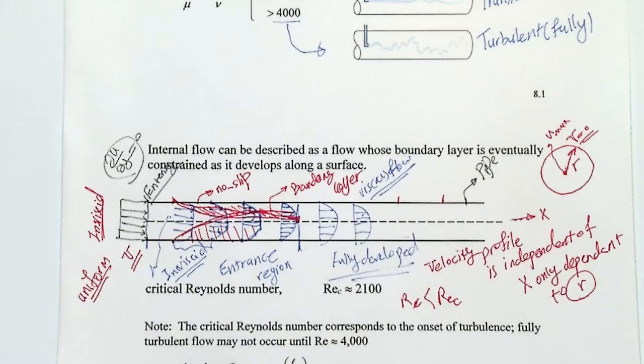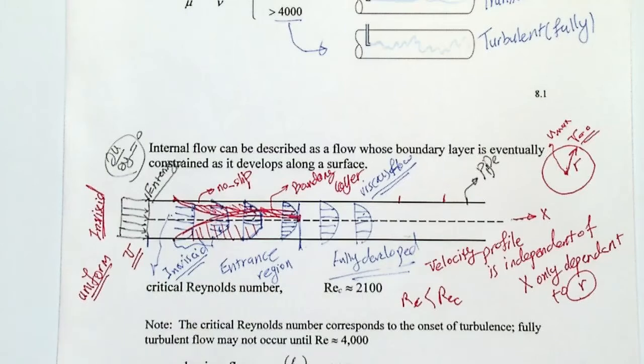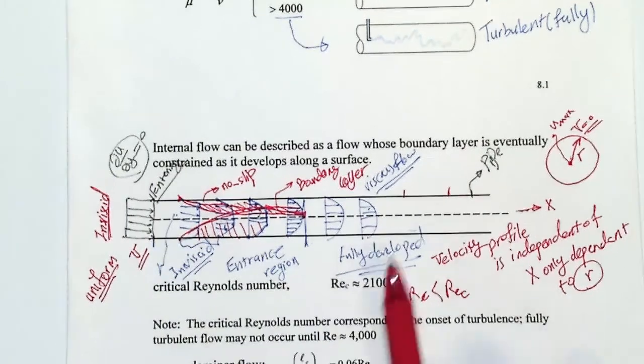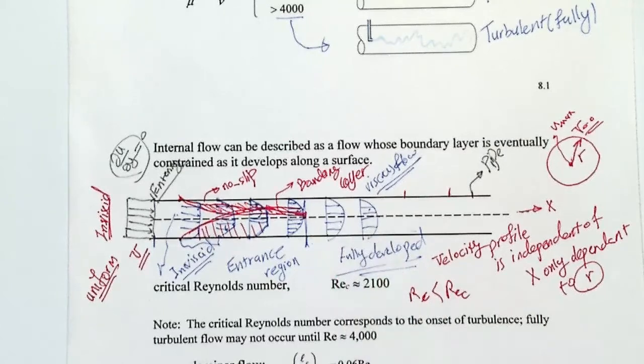But if you have a very high Reynolds number, then nothing is going to be like this. The entrance region would be totally different, and the flow doesn't keep its shape because it's going to have chaos there.